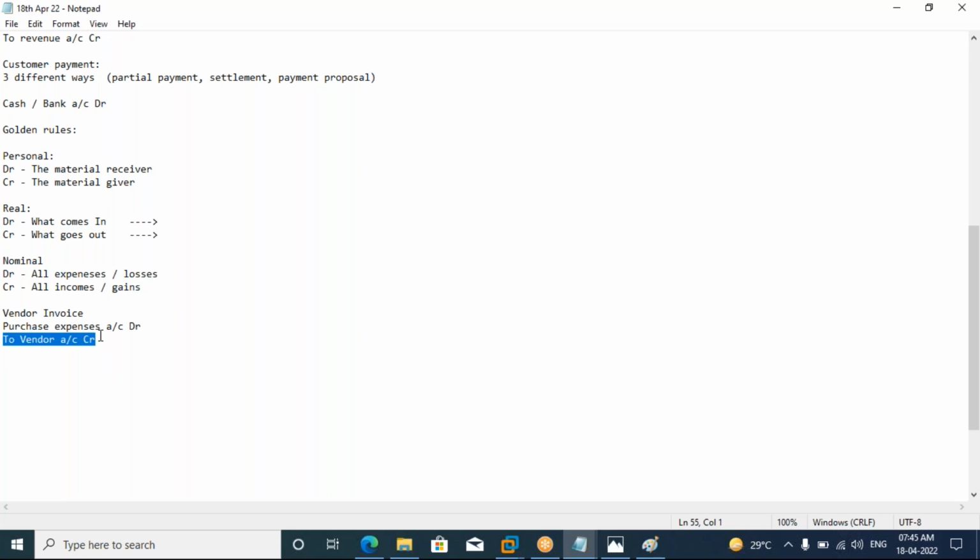Okay, next one is vendor payment. What you are doing is your cash balance or bank balance will be decreasing. What goes up?